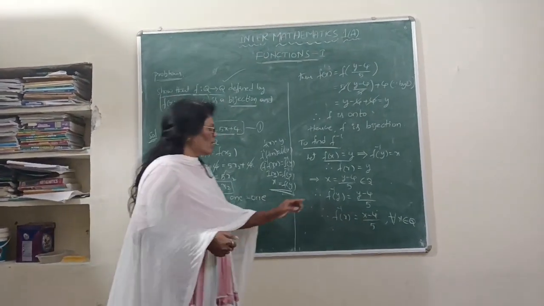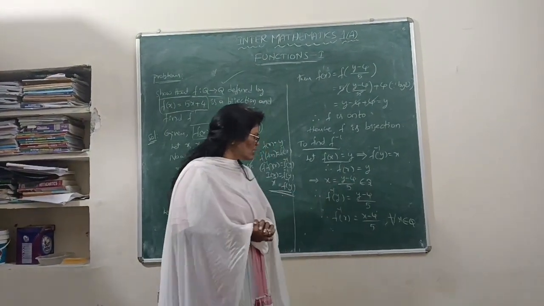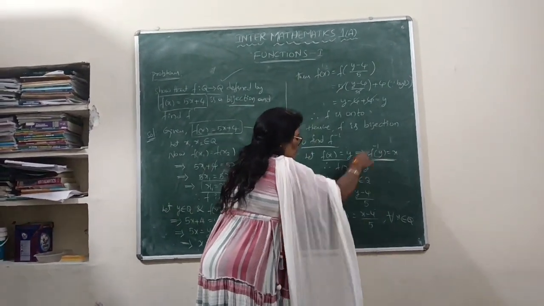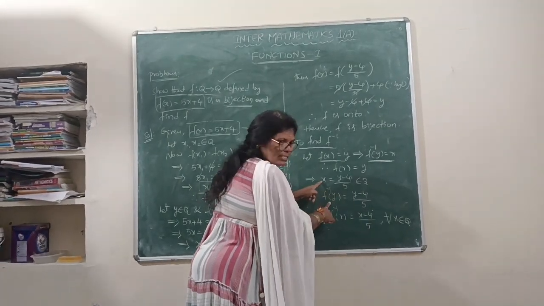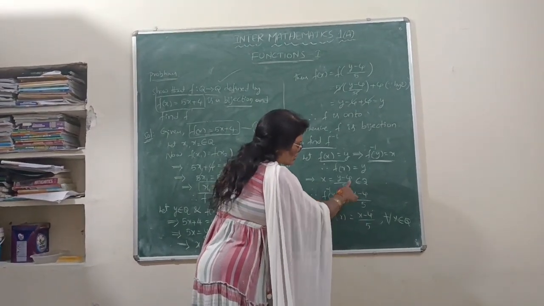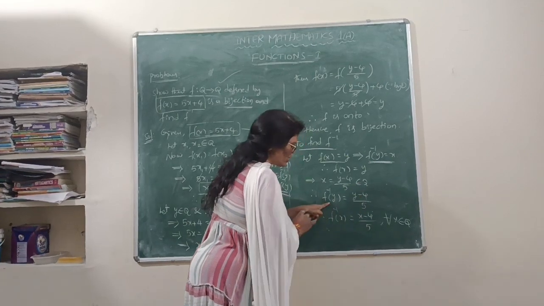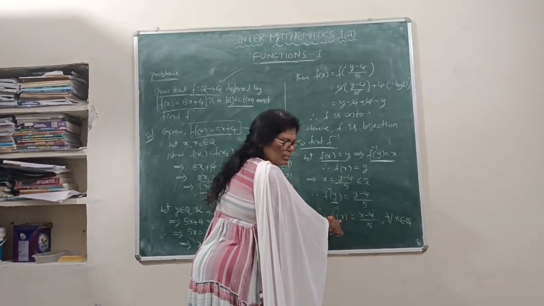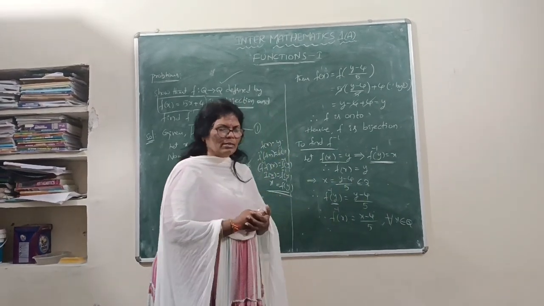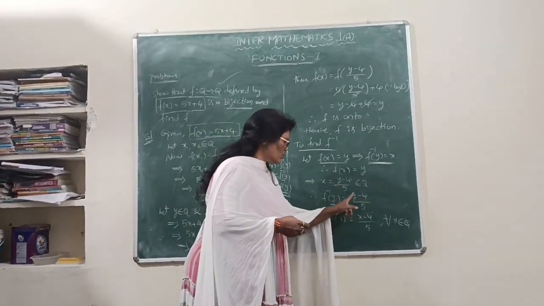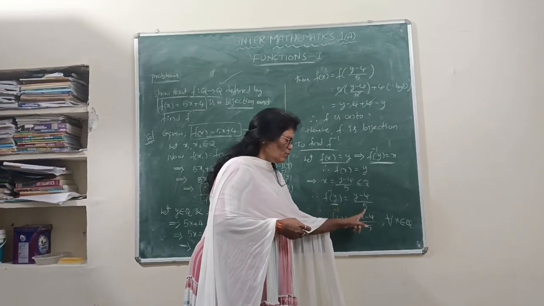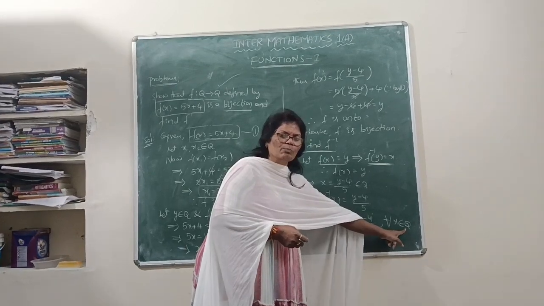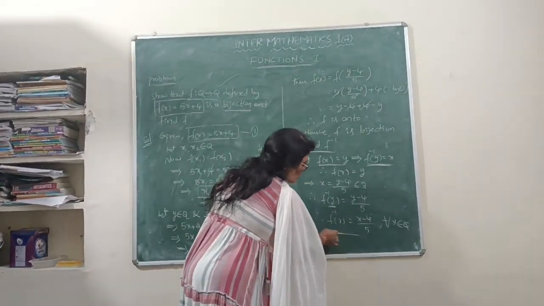This is an element in Q, and x is f inverse of y. So f inverse of y is equal to y minus 4 by 5, and instead of y I am taking x, nothing will happen, in terms of x I am writing. f inverse of x is equal to x minus 4 by 5, for all x in Q. So this is the inverse function.